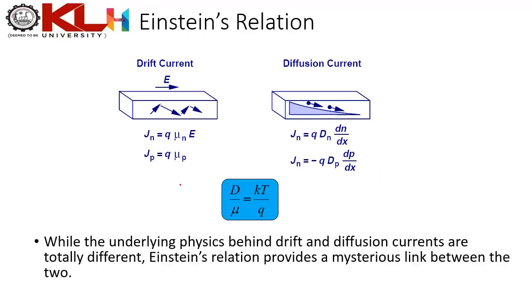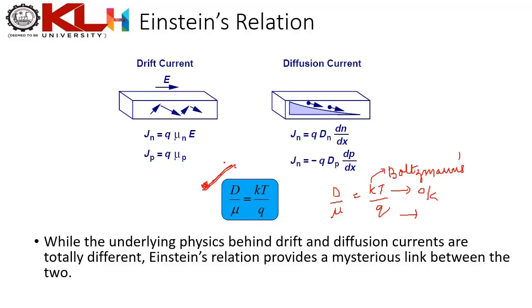Okay, and there is a beautiful relation that actually relates the diffusion constant and the mobility. So D by mu is actually kT by q. Here k is your Boltzmann constant, T is your temperature in degrees Kelvin, and q is the charge of an electron.